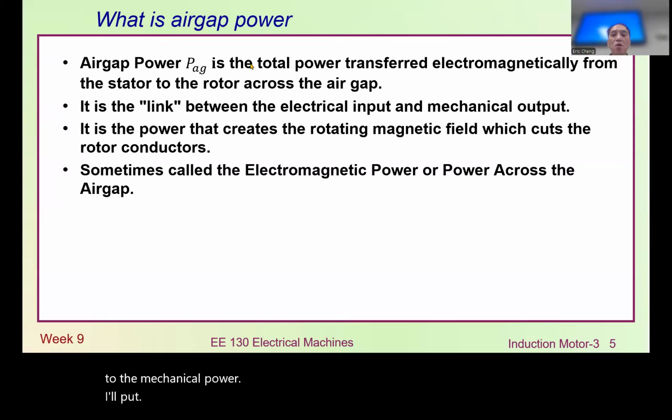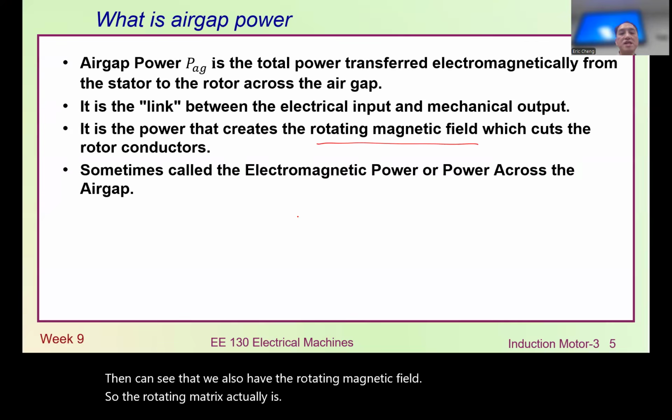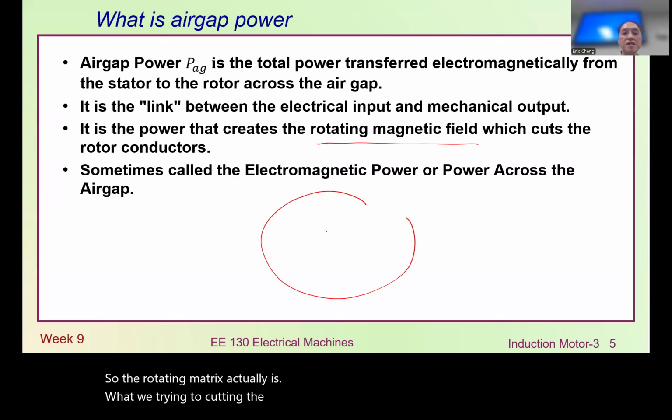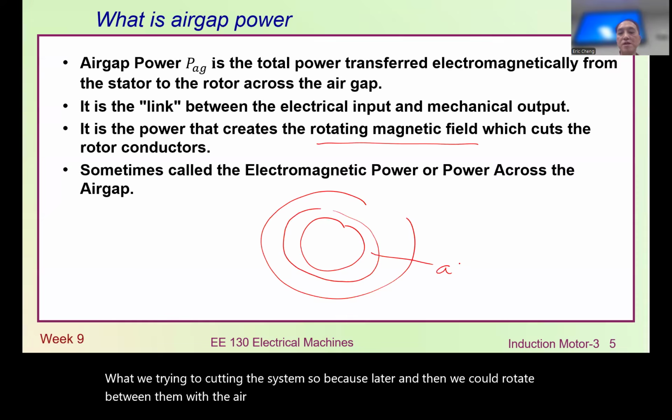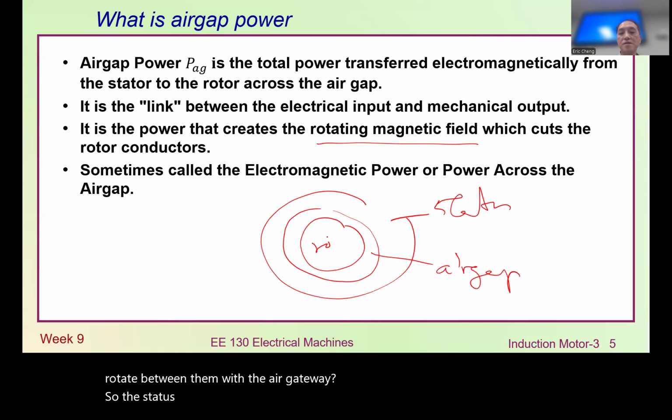Then you can see that we also have the rotating magnetic field. The rotating magnetic field is what cuts through the system. We have the stator and then the rotor, with the air gap between them.